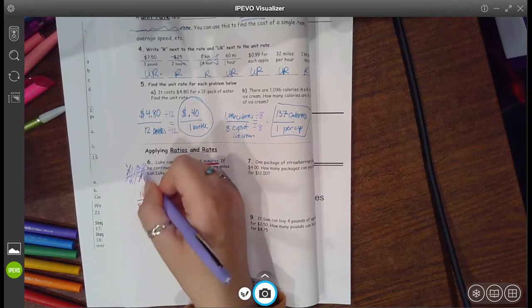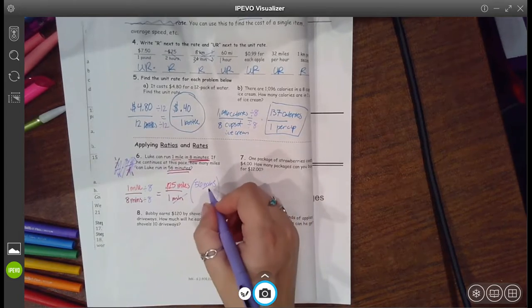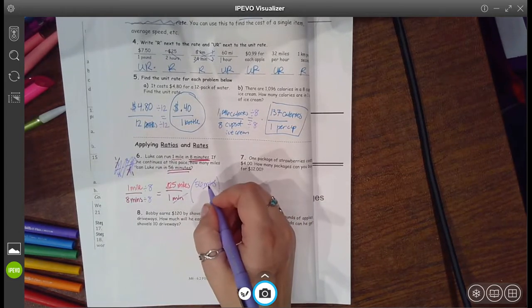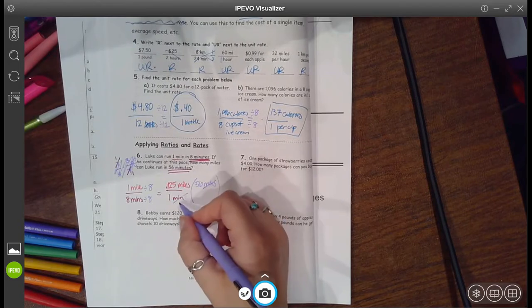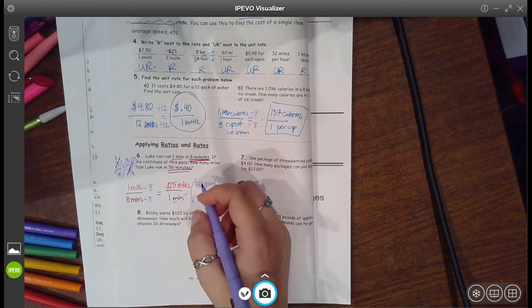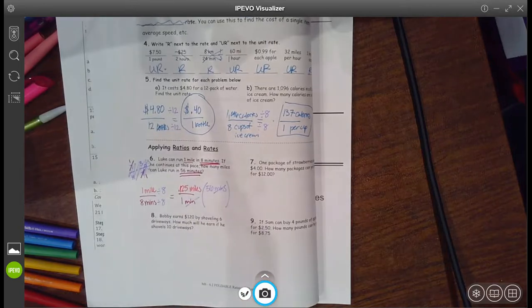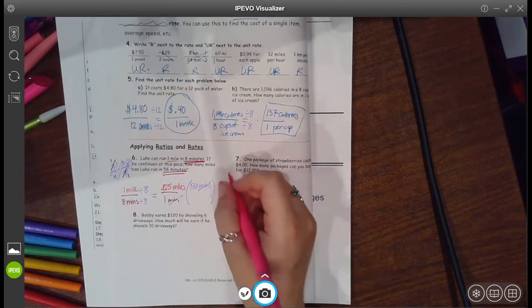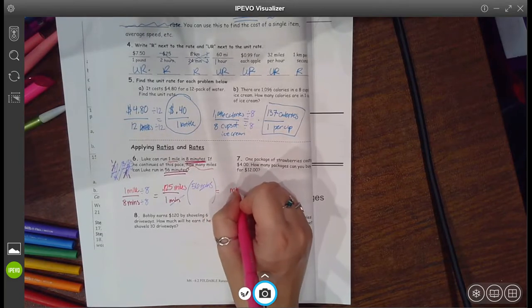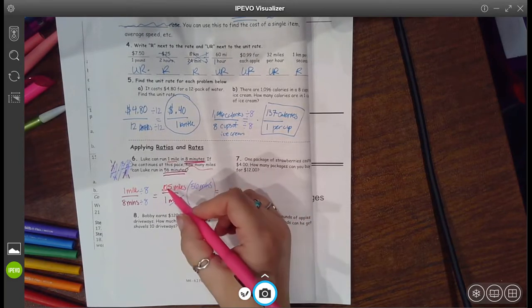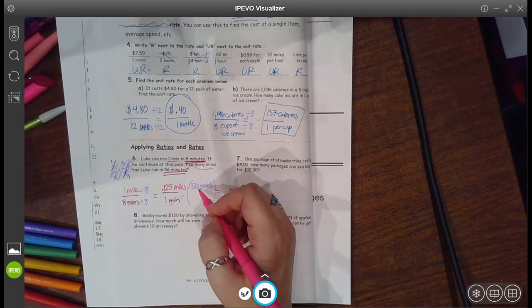So I'm going to use that same type of logic here with my units. I'm going to put these minutes diagonally across from each other so that they cancel. And now I'm just left with the unit of miles, which is what I wanted because it said, how many miles can you go? And now I just multiply those numbers, 0.125 times 56.